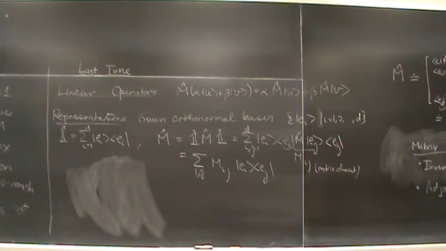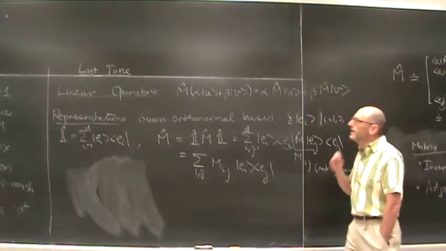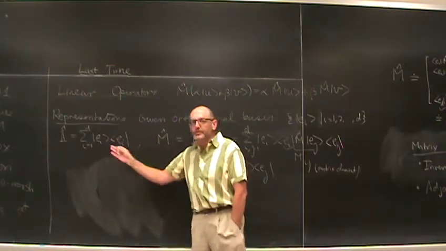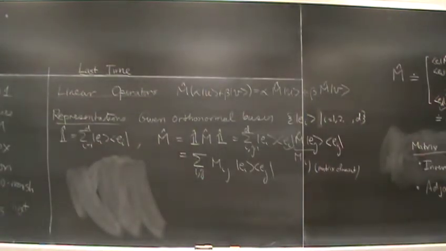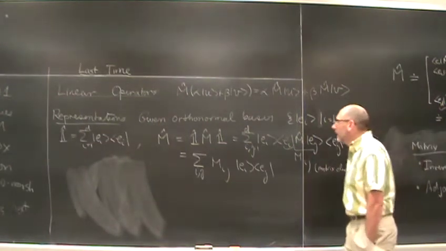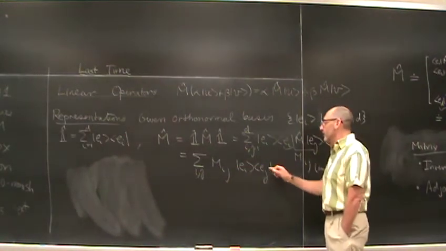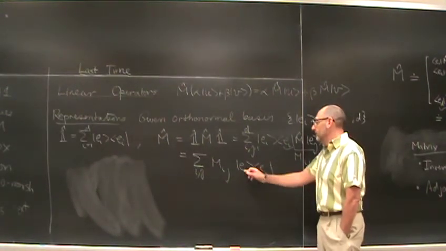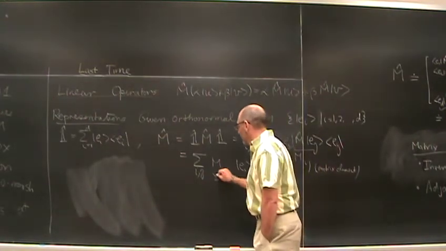And if we have a finite dimensional Hilbert space, if we have an orthonormal basis for that space, as we know, we can write a resolution of the identity and use that to quickly write a representation of the operator in terms of a combination of transition operators between the basis elements weighted by these complex numbers.